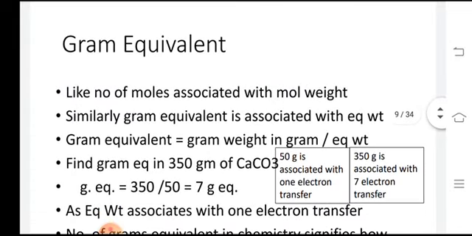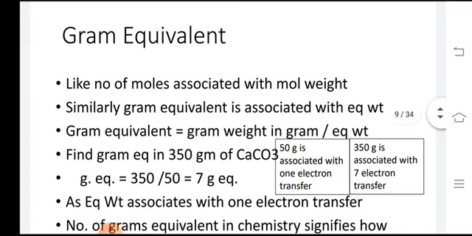Now we have another term that is called gram equivalent. This term is again associated with the equivalent weight. It is the similar form of number of moles, as we defined number of moles equal to given weight divided by the molecular weight. Similarly, we will be finding the gram equivalents.